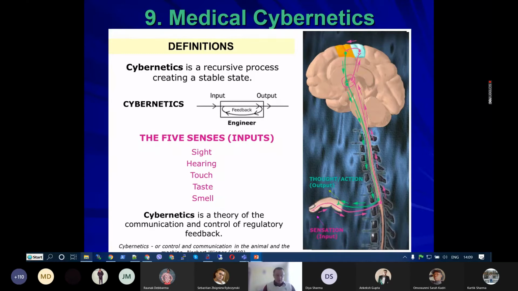So for cybernetics, there is no difference what we deal with. Whether we are talking about a technical system, some sort of machine, or a biological object, again cell or organism, no matter. Whether we talk about a social group we want to manage, okay, that is a system. That is a cybernetical system. And we can see the aim of cybernetics is the recursive process of creating a stable state.